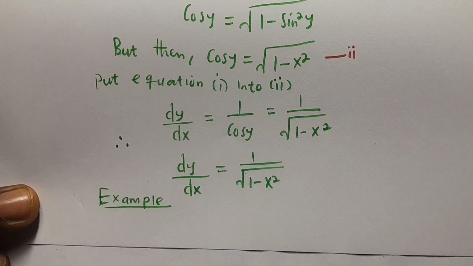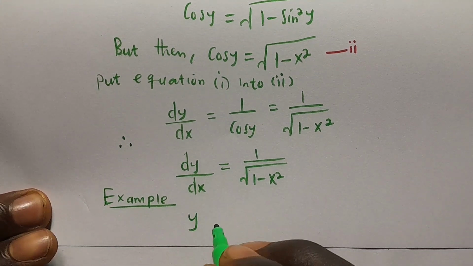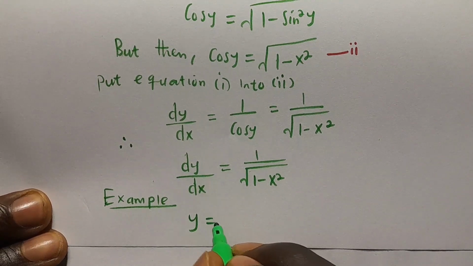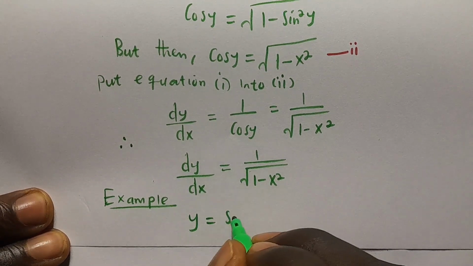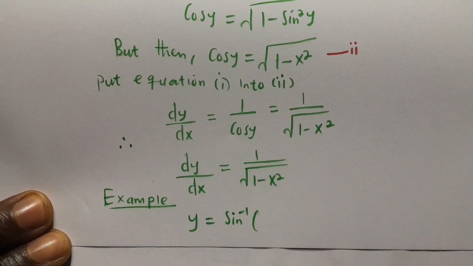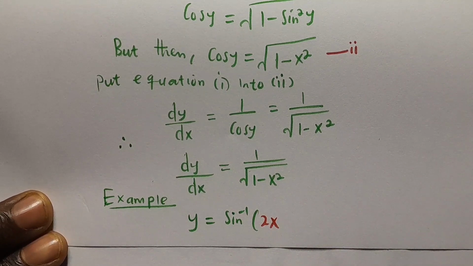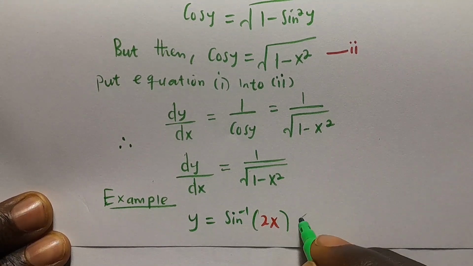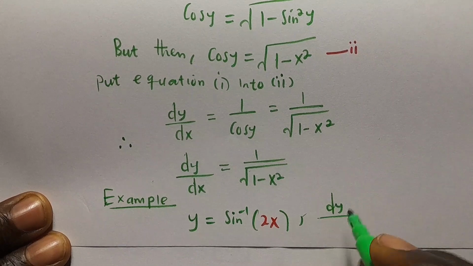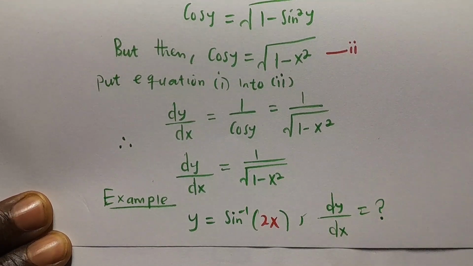So let's see an example under this. Assuming we have y equals sine inverse of 2x, then we should find dy over dx, which will be equal to what?